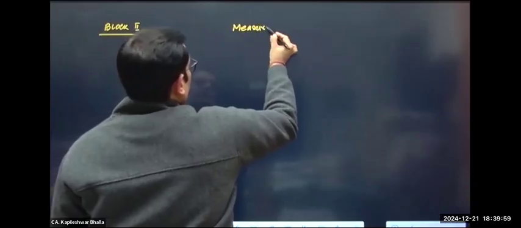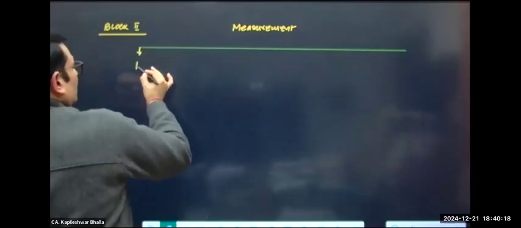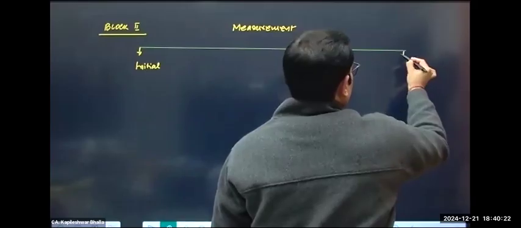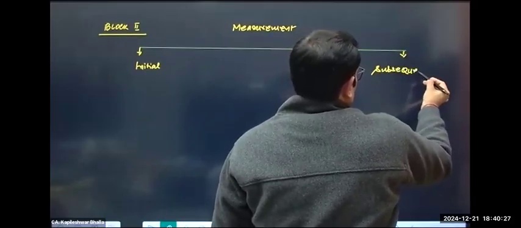The next area of discussion is the measurement aspect. When I'm looking at measurement, there are two things: how do you measure the inventory initially, and how do you measure it on a subsequent basis? I am going to come to a small chart here.